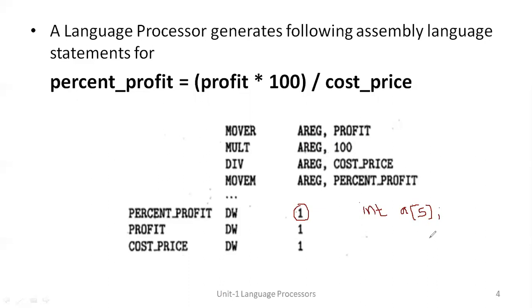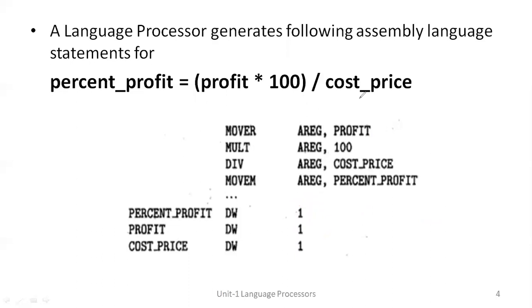Those who said 5 are correct. Int a of 5 indicates the length of a is 5. Here percent profit is a single variable, profit is a single variable, cost price is a single variable. That's why length of every variable is 1. Now I think it is clear.